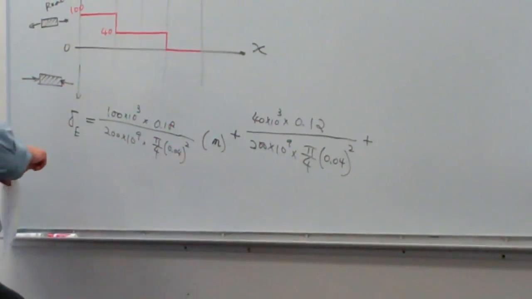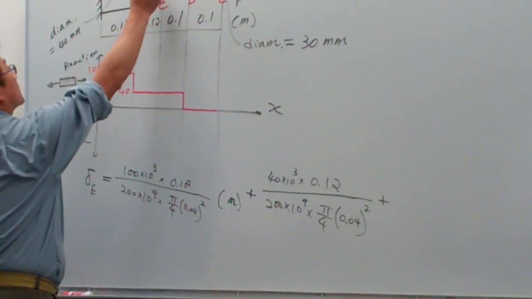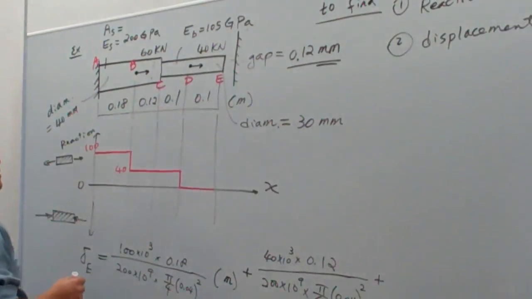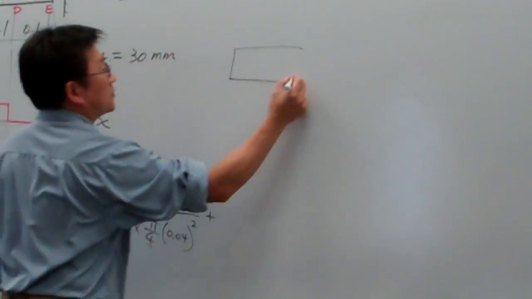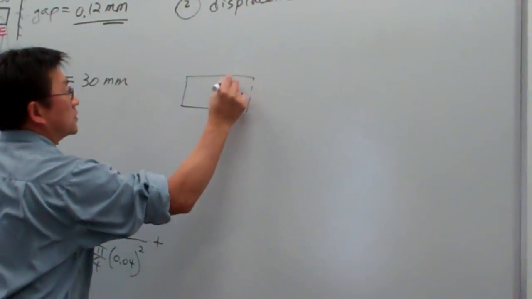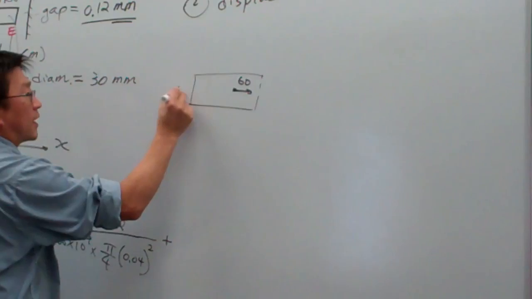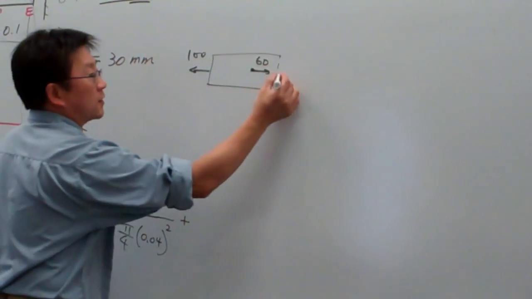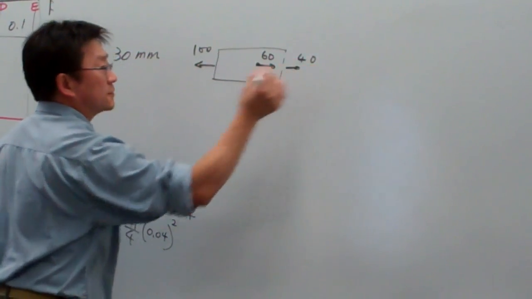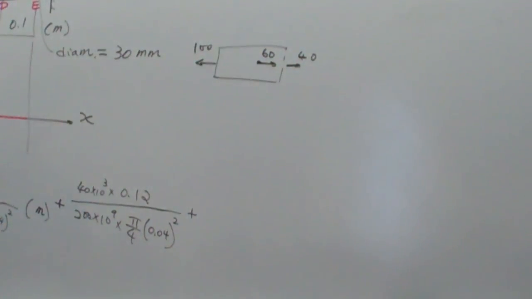We can do this one quickly. If I take the cross section, it would be the same as here, and 60 kilonewtons applied to here. That is the action here, so on this section, this should be equal to 40. Oh, okay. Thank you.